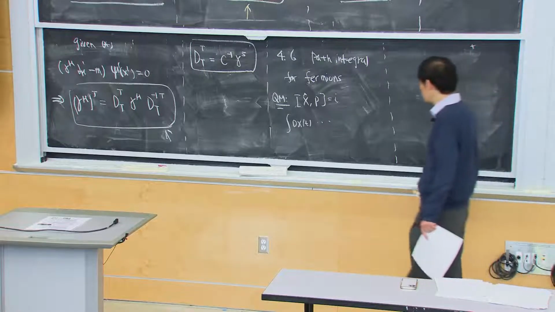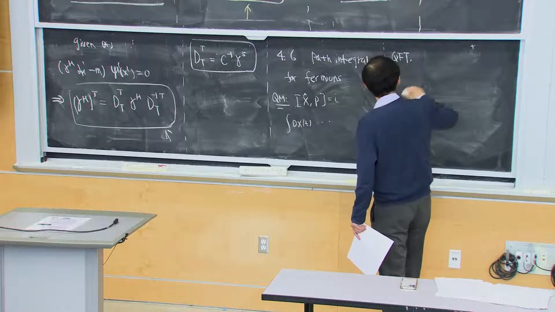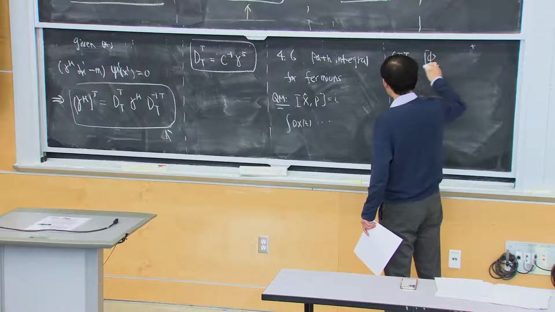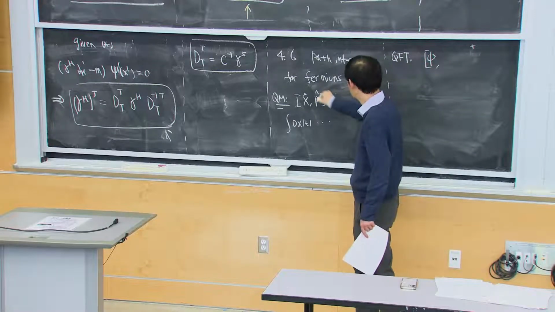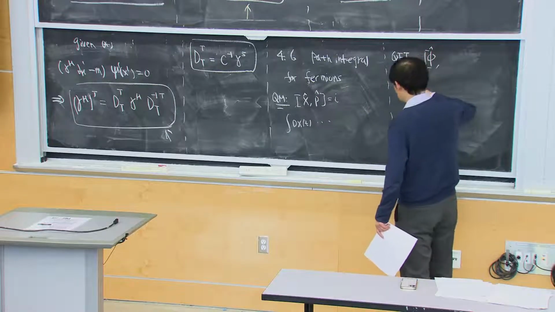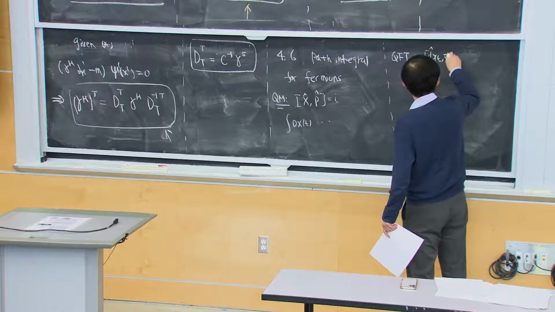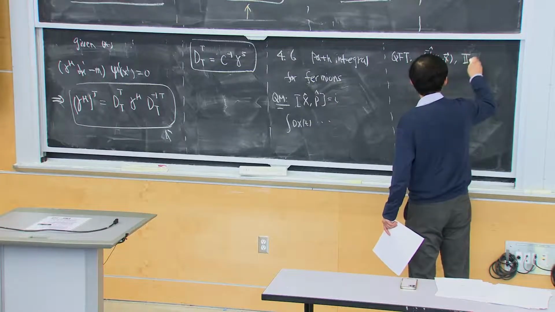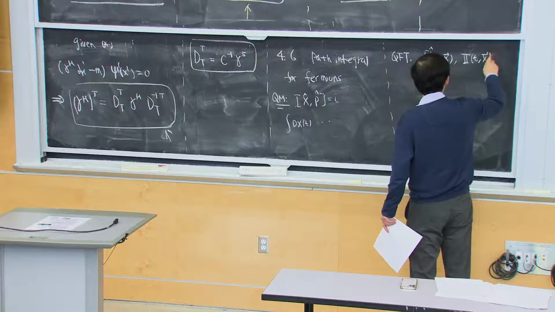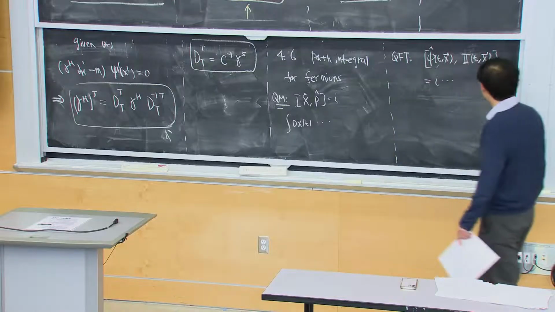Now when we go to quantum field theory, we have phi, and let me put a hat just to emphasize these are operators. The phi(t, x) commutes with pi phi, the conjugate momentum, to give i times the delta function.